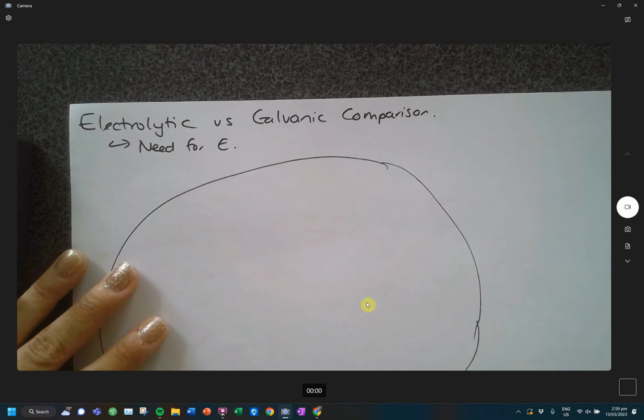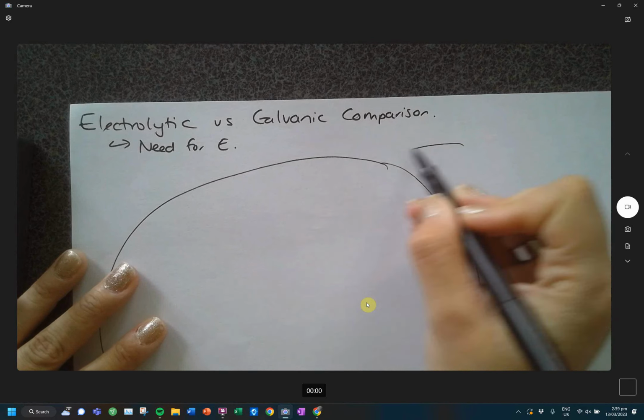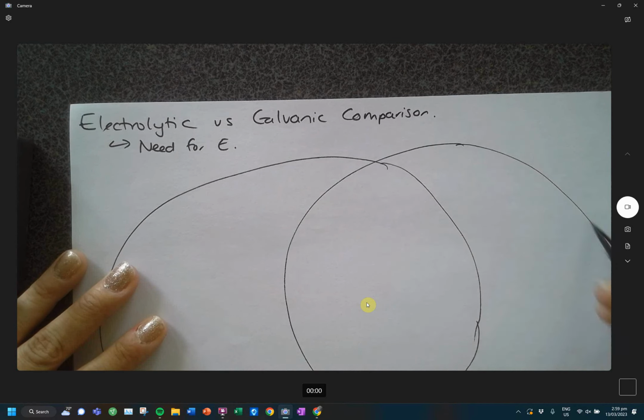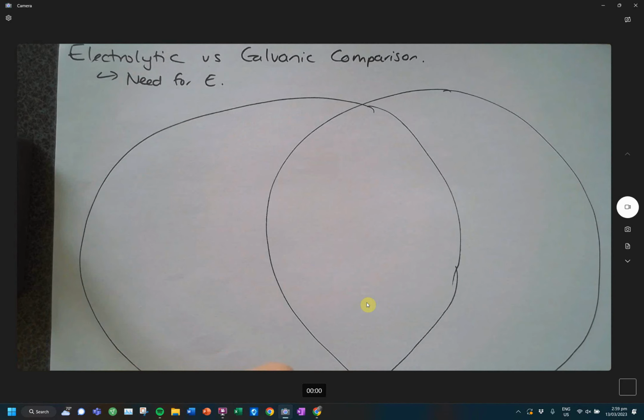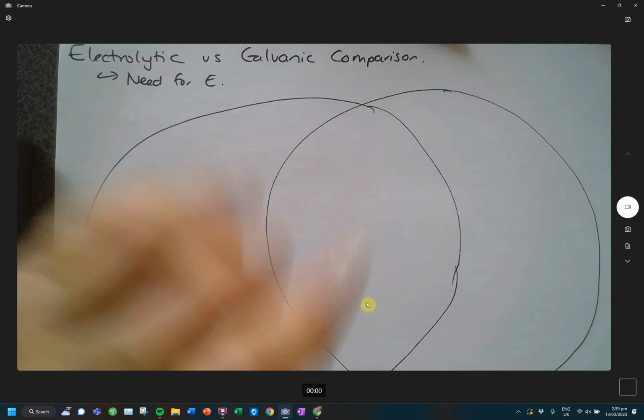Draw 2 circles. Oof, those are terrible circles. I should have just printed out some circles. All right. So just note that I'm doing a Venn diagram for shorthand.